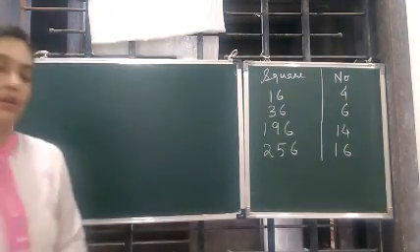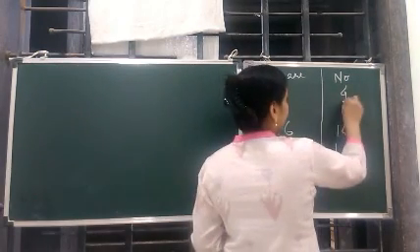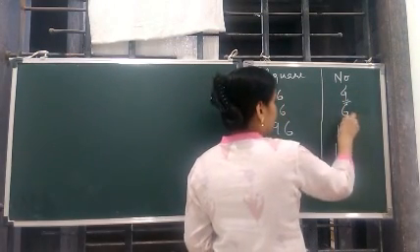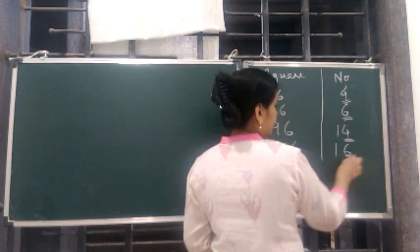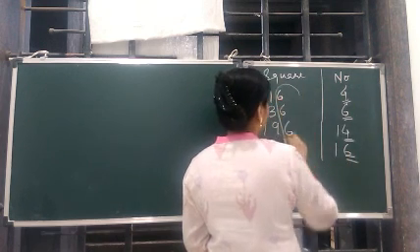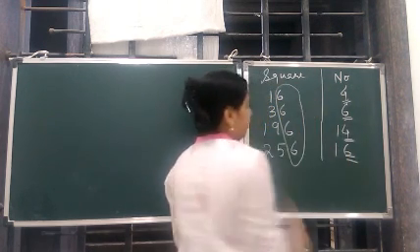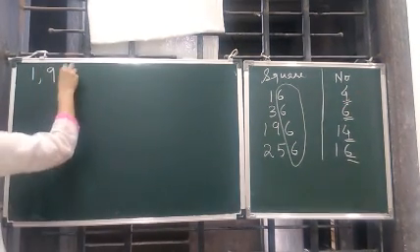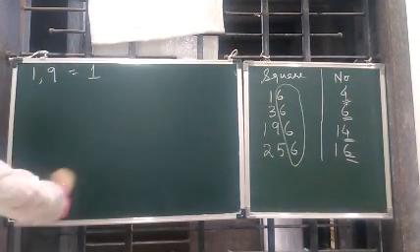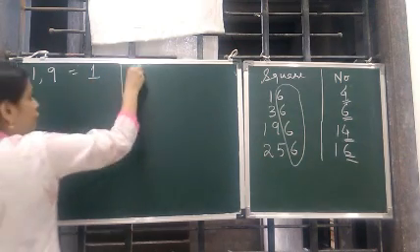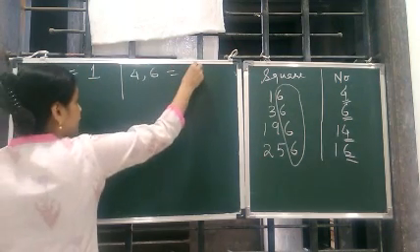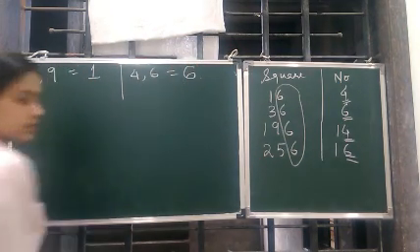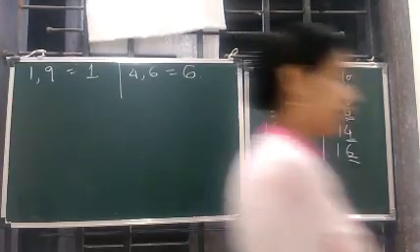What do you see? The digit which is ending with 4 or 6, their square numbers always end with 6. So the first property we studied: for 1 and 9 the last digit is 1, and for 4 and 6 the last digit is 6. This is the second property that we have studied just now.